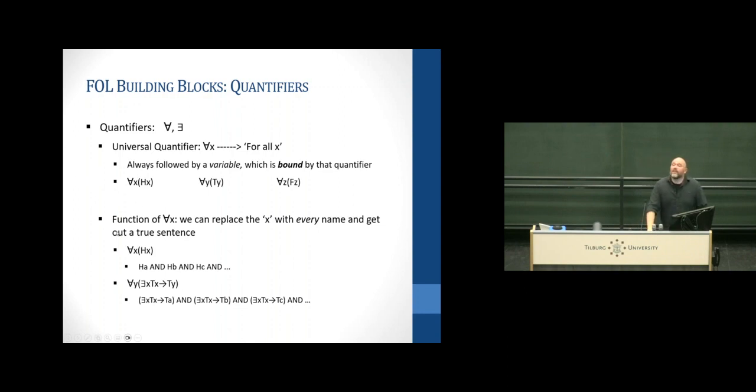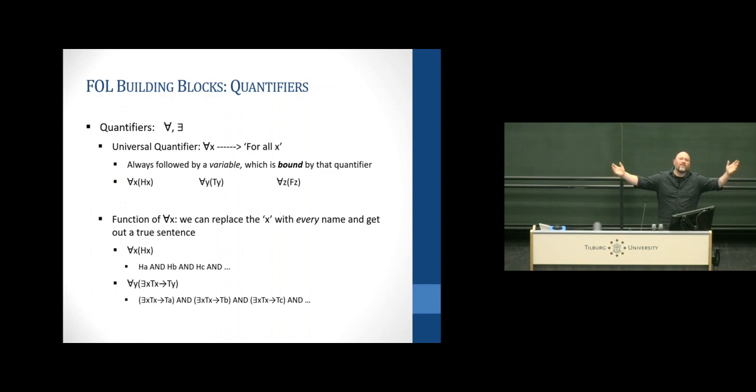It's a bit like reading this as a giant conjunction. The universal quantifier is effectively the same as conjunction between the predicate we've attached it to and then every object that we've got plugged in. So, is everyone human?